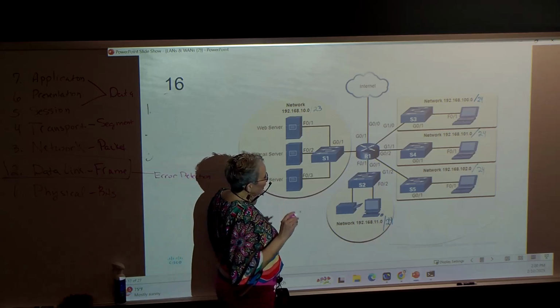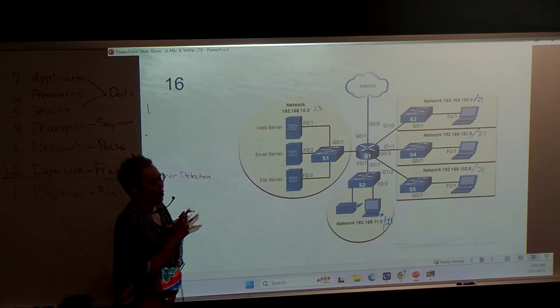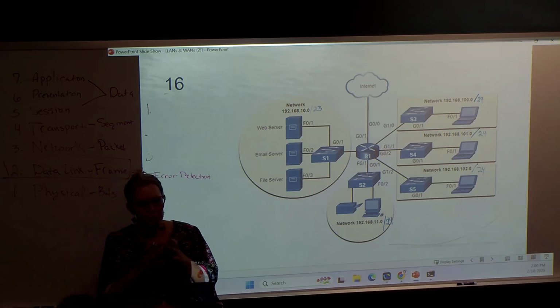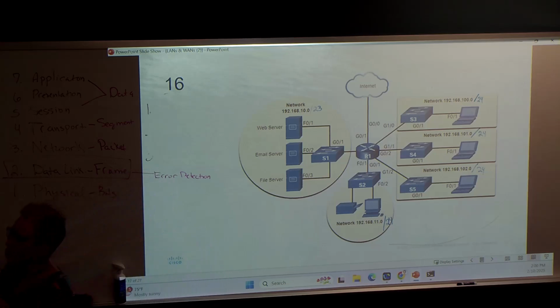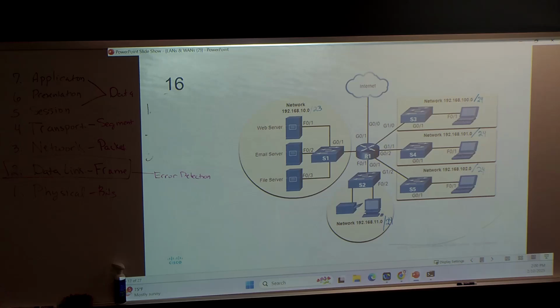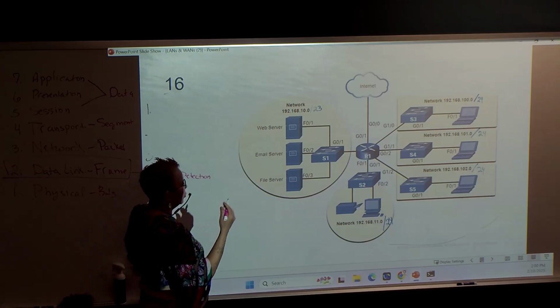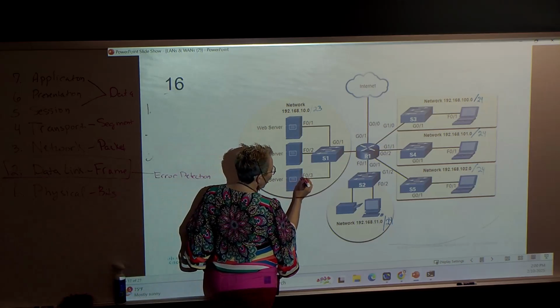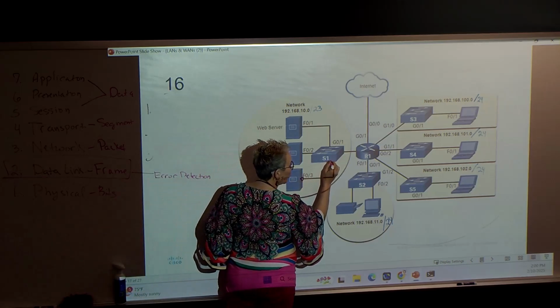Now, I want to make a distinction that's important when you're doing topologies, and we're going to be working with topologies. I want to tie back the different layers to where we're at in the topologies. So we've talked about layer 1. We know that the NIC cards and the ports are layer 1.